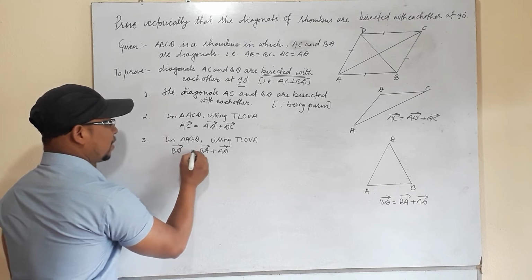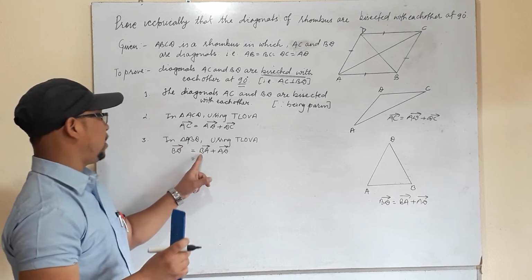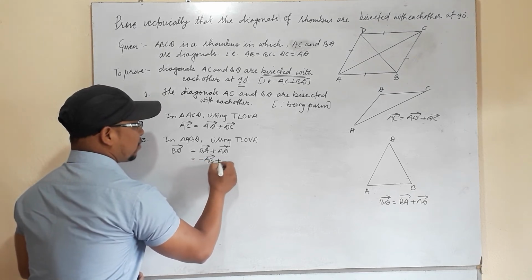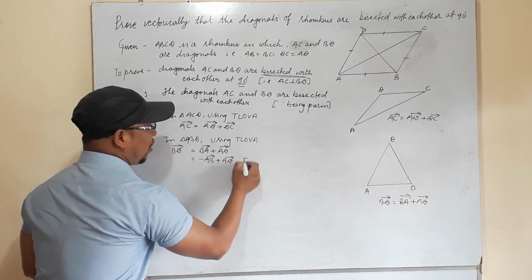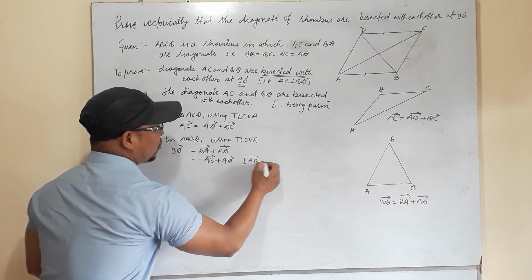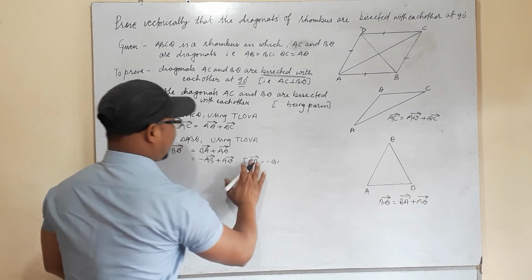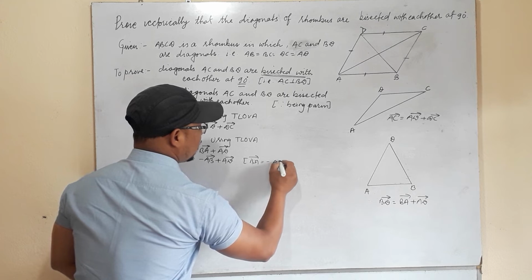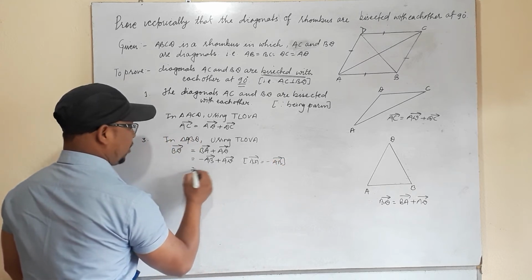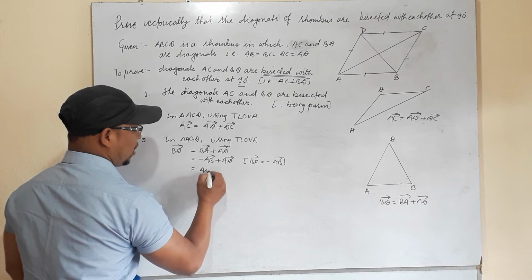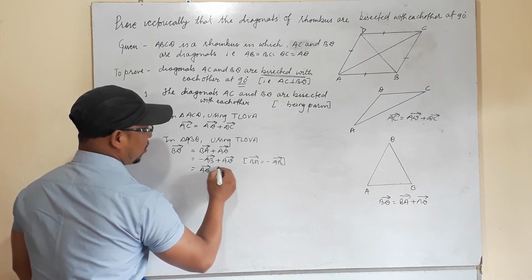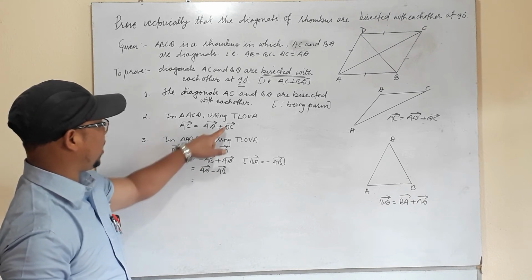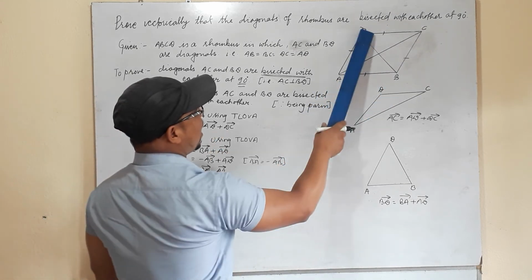Now before taking their dot product, first let me simplify. This BA can be replaced by minus AB, and this is plus AD. BA vector equals minus AB vector. So you just arrange them: this is AD minus AB. Now look here, this is AD and here is also AD. Now let's take AB and DC.